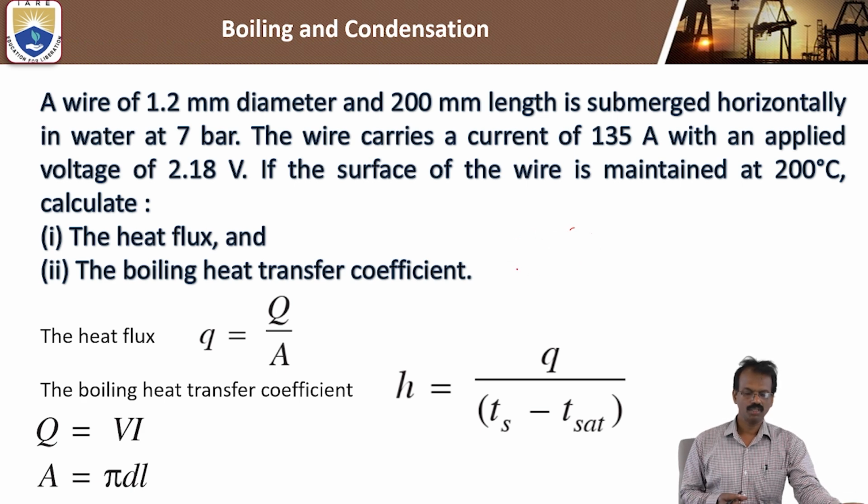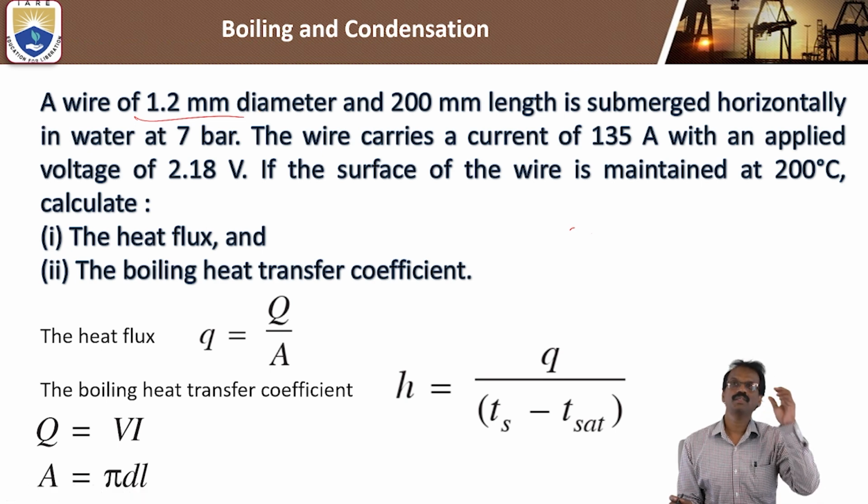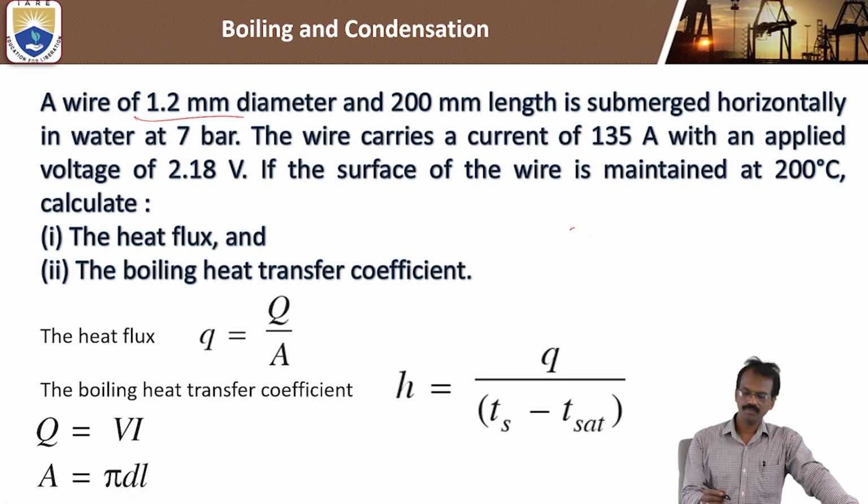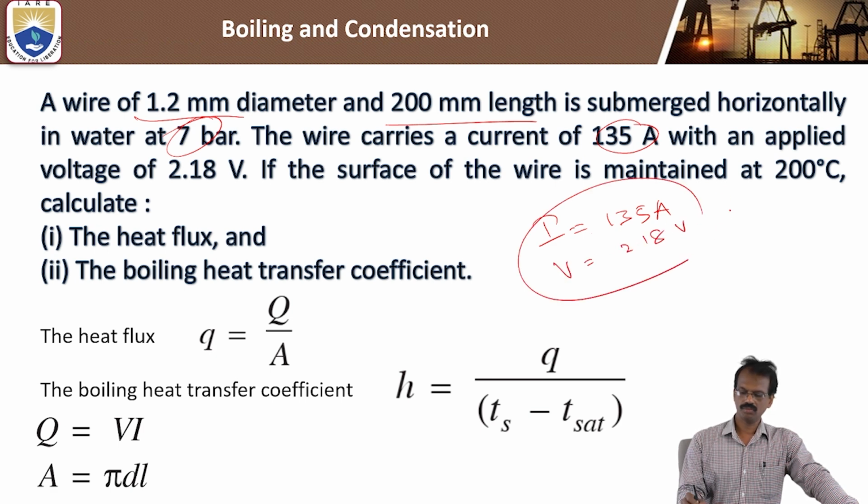Let's see the first numerical. A wire of 1.2 mm diameter and 200 mm length is submerged horizontally in water at 7 bar pressure. The wire carries a current I equal to 135 amps with an applied voltage V equal to 2.18 volts.